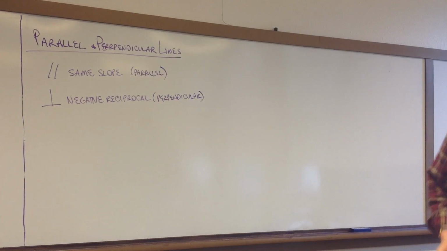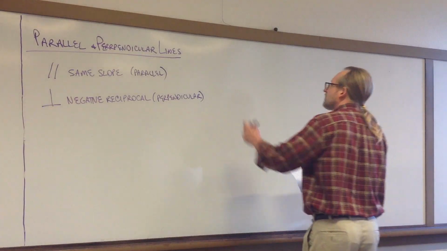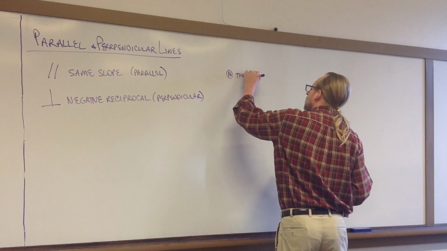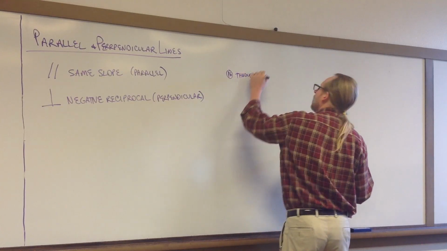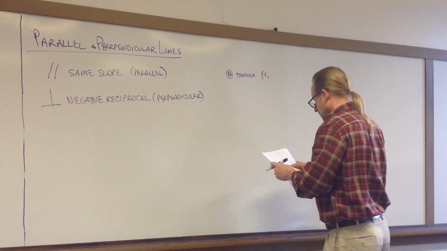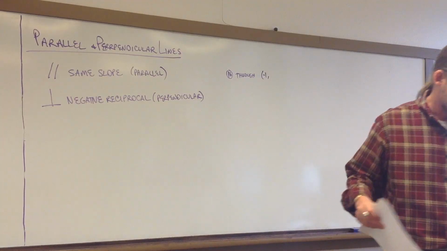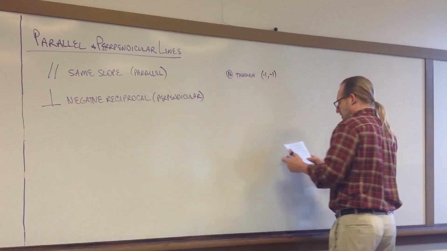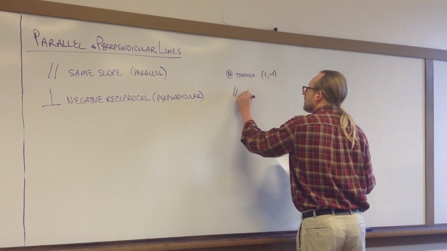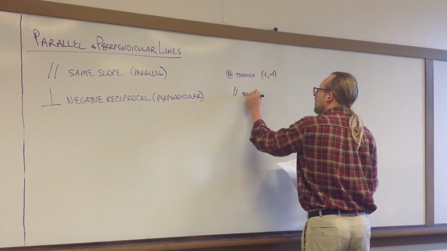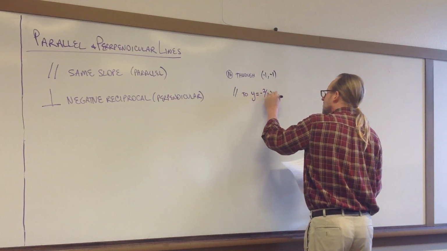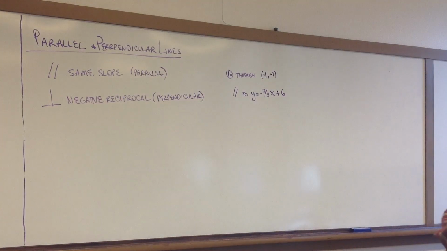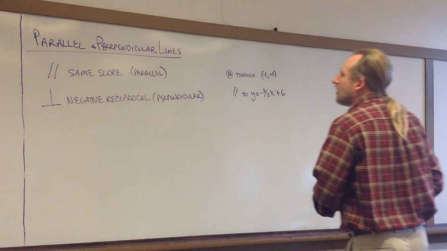Problem 16. Passing through (-1, -1), just like problem 8, and then parallel to y = -2/3 x + 6.